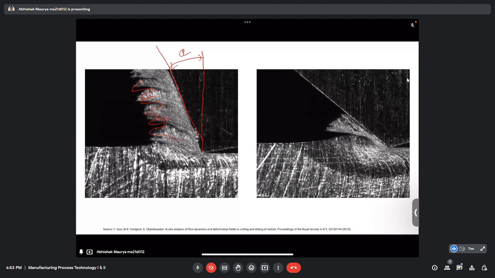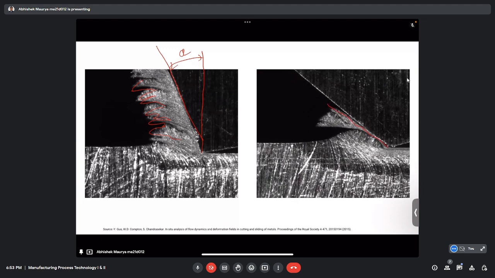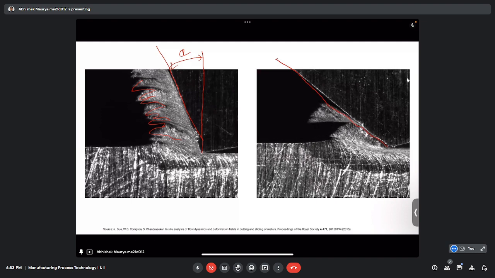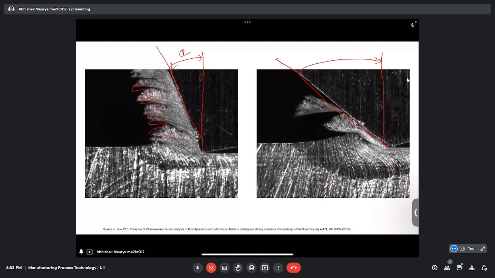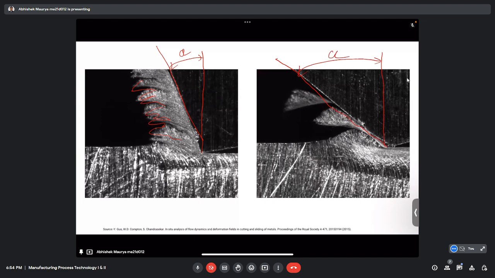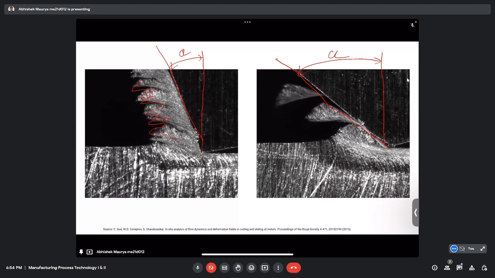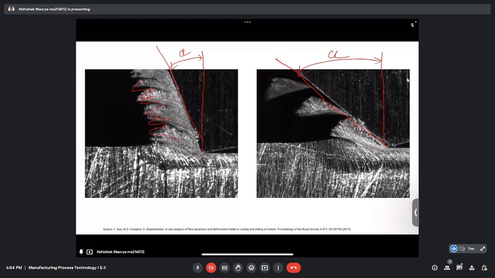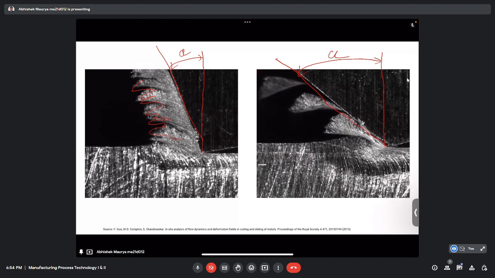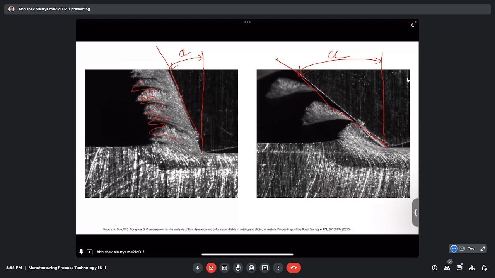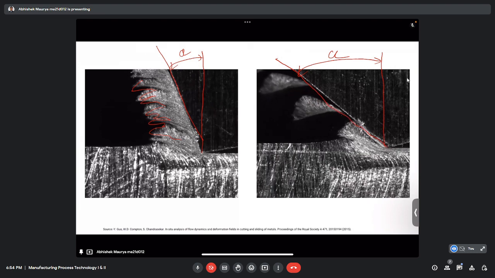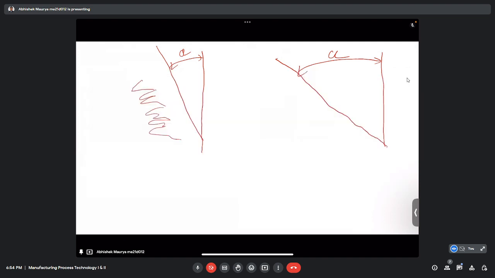So if we make the rake angle more negative here, then our chips start becoming discontinuous. So this is the observation from the experimental results.